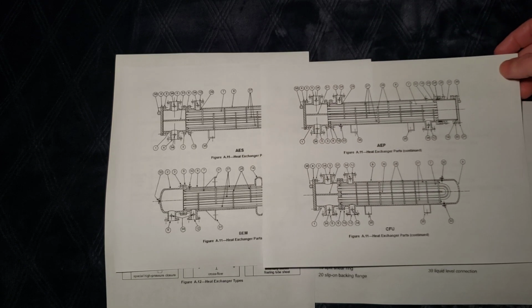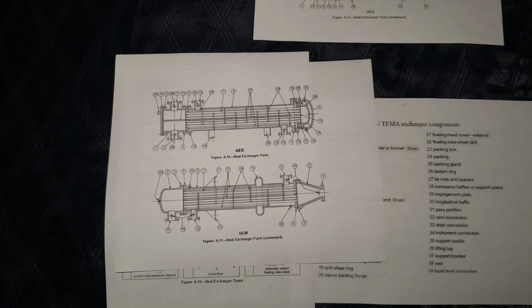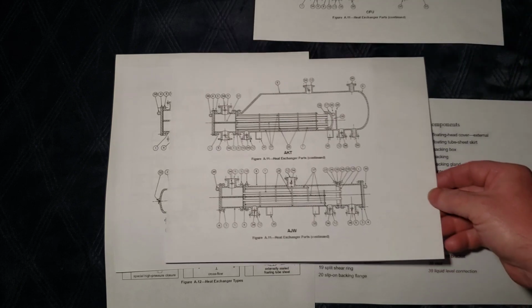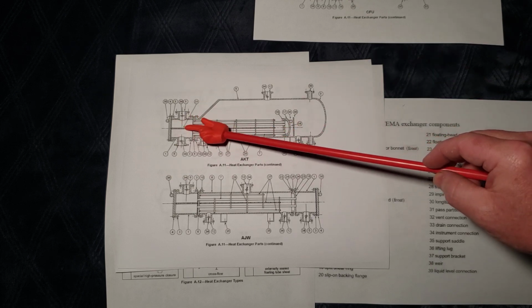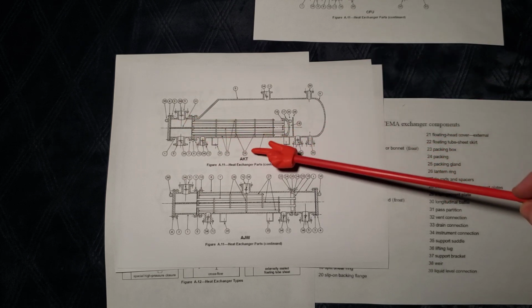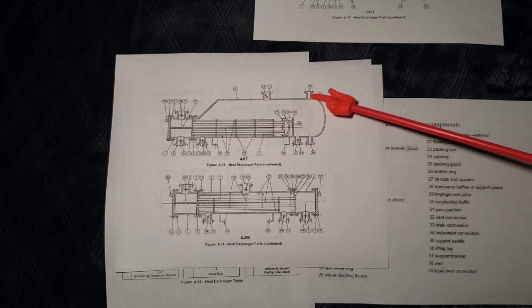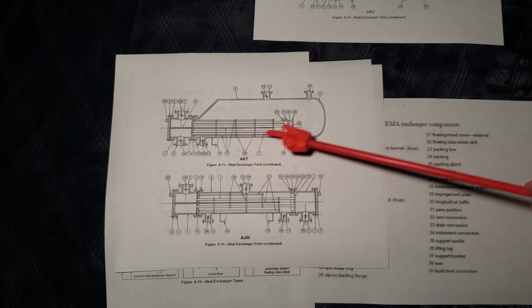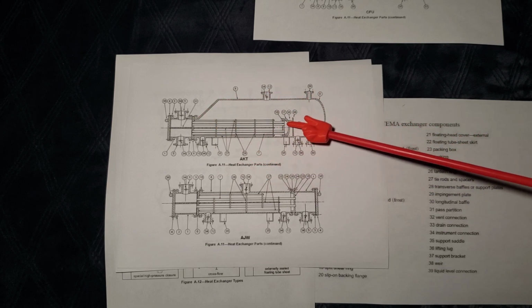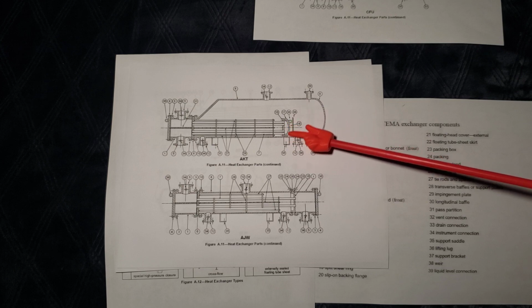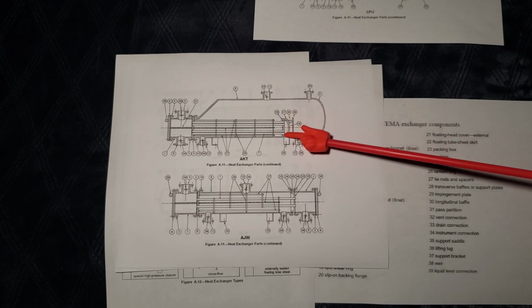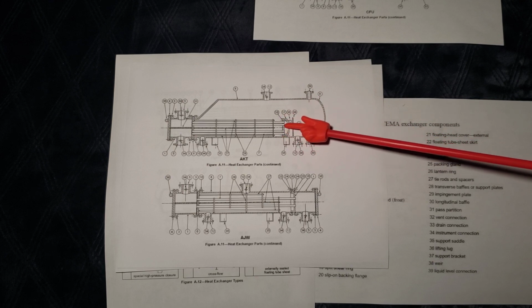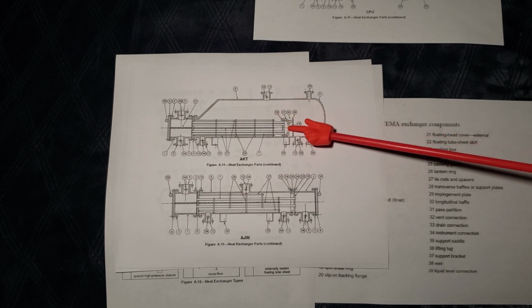Another good way to describe things, here's another example. Here's the AKT. So once again, we have an A style channel, K kettle shell, and T. If it's in a kettle, it's almost always going to be a T, a Tango style floating head, because in order to get this out, it has to be able to be taken out without being disassembled.